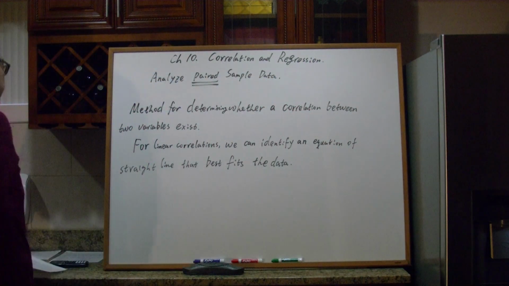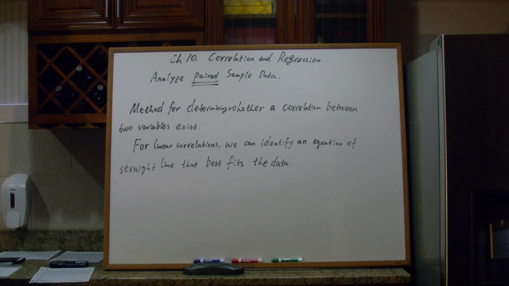But if we have correlation and the correlation is linear, then we can identify an equation of a straight line that best fits the data. Of course, there are different ways to do it, and different ways to see if a linear correlation exists or not.